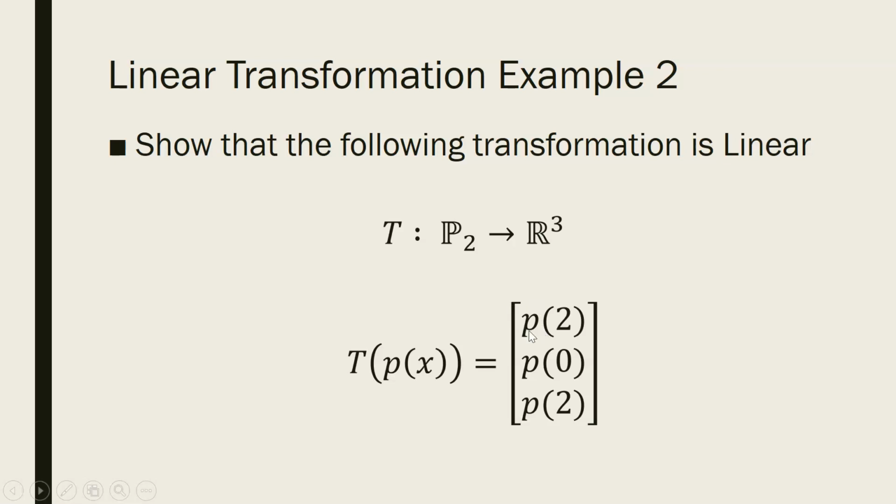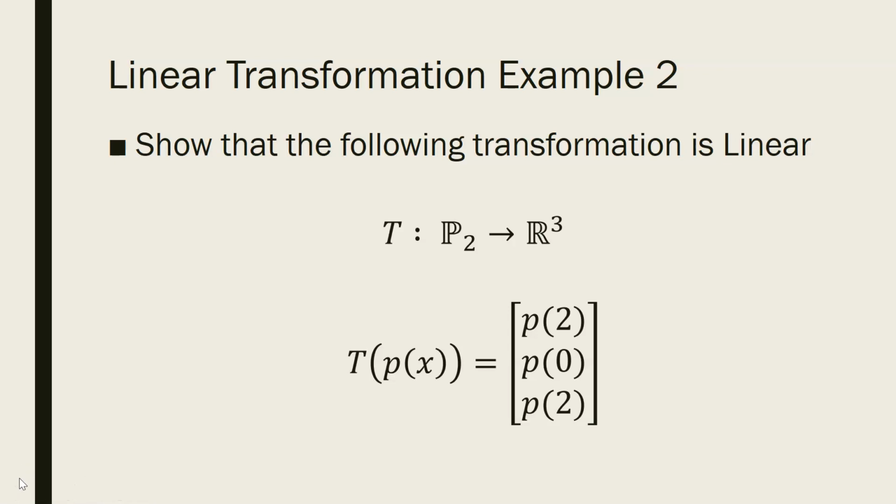We see whatever value the polynomial has when I plug in 2. That goes in my first entry. In the second entry, we have the value of the polynomial when you plug in 0. And in the third entry, another polynomial value when you plug in 2. So push pause and see if you can determine whether this is a linear transformation or not.